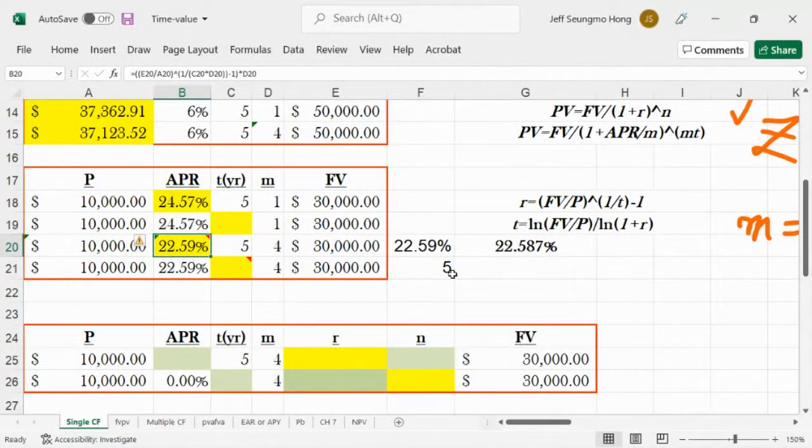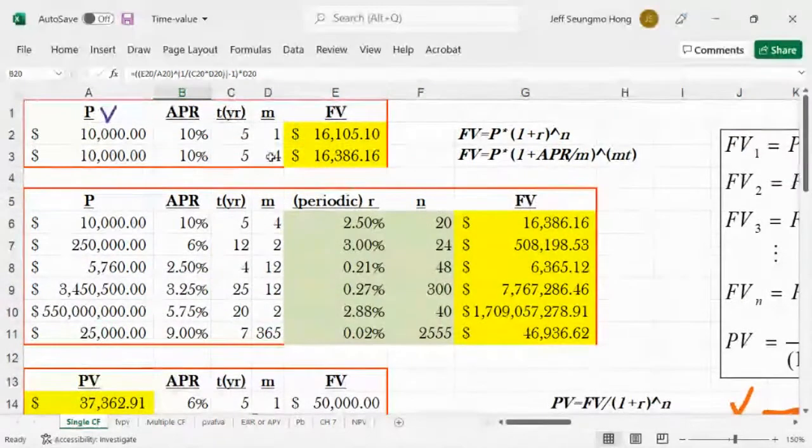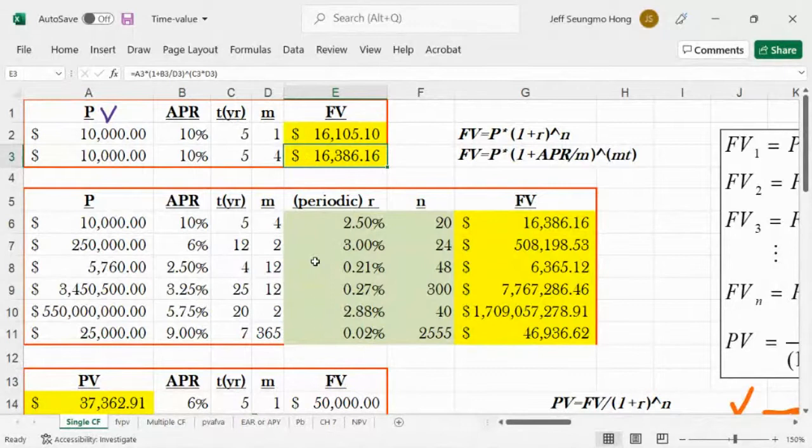So here we find that, remember, previously I told you the higher the compounding frequency, the greater the future value.